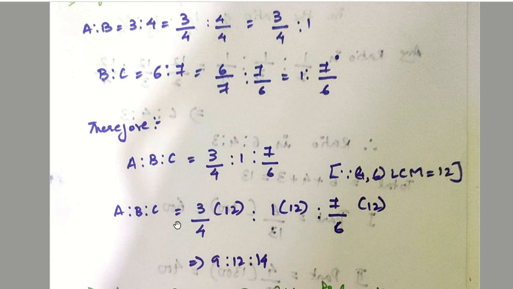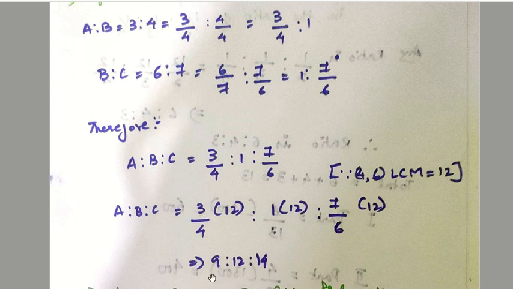So a is to b is to c is equal to 3 by 4 is to 1 is to 7 by 6. So you're just taking the LCM. 4 and 6, LCM is 12. So it is 3 by 4 into 12 is to 1 into 12 is to 7 by 6 into 12.